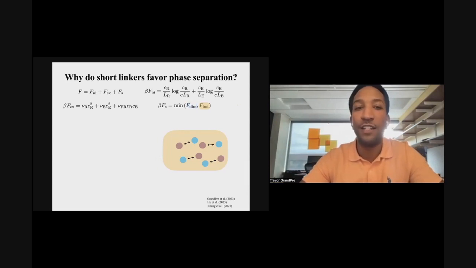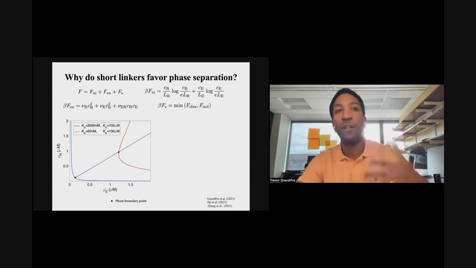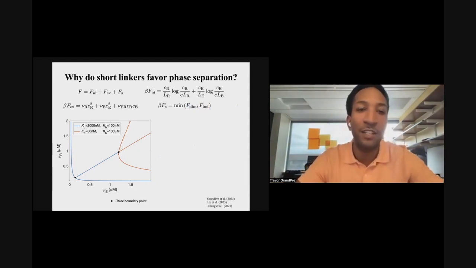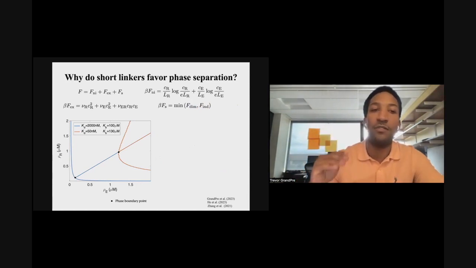Okay, so with all this together, we want to make a prediction to see if it agrees with what the simulations were showing us. So this is a prediction of the phase diagram, where KD is the dissociation constants for the short and long linkers.